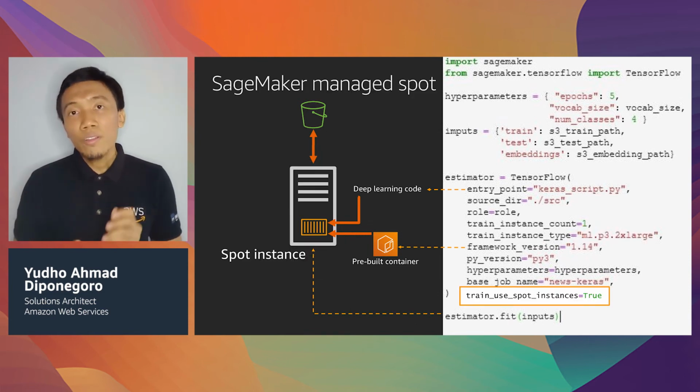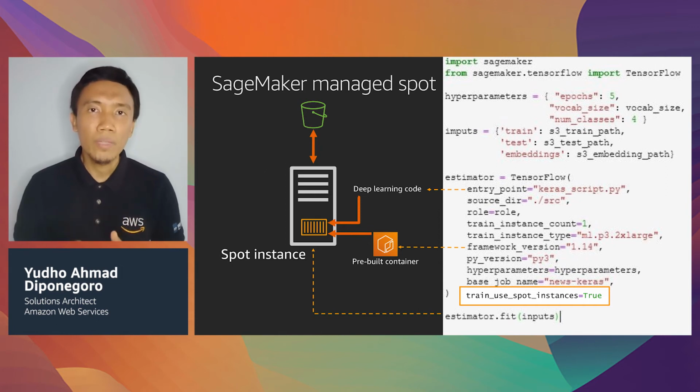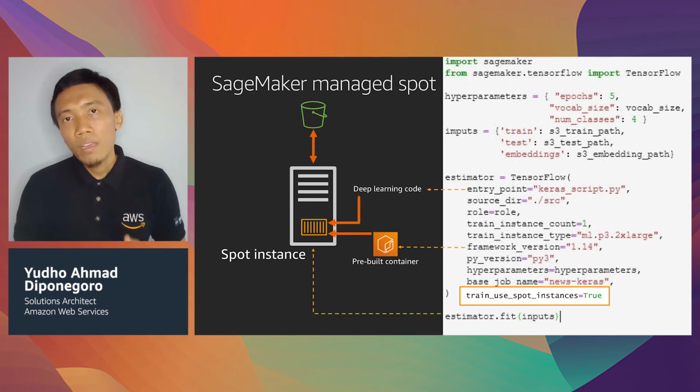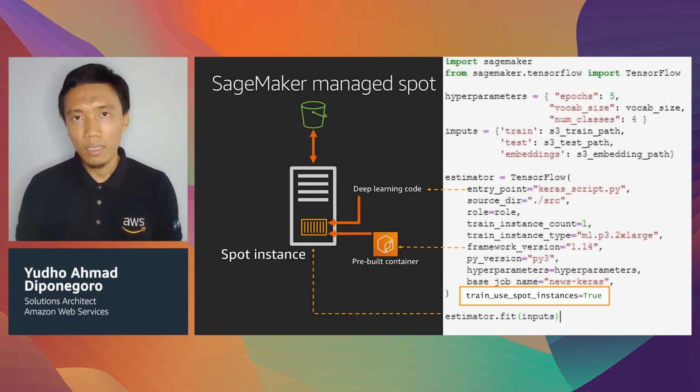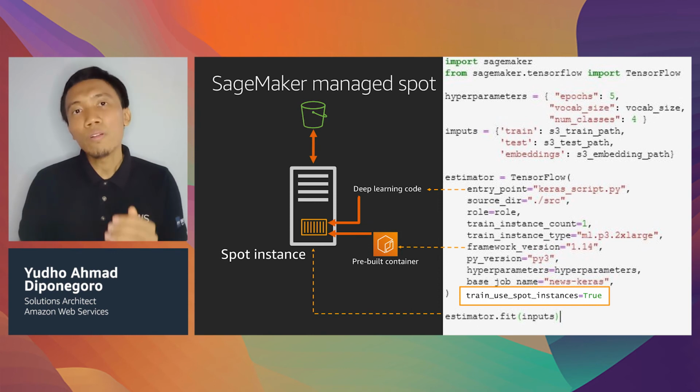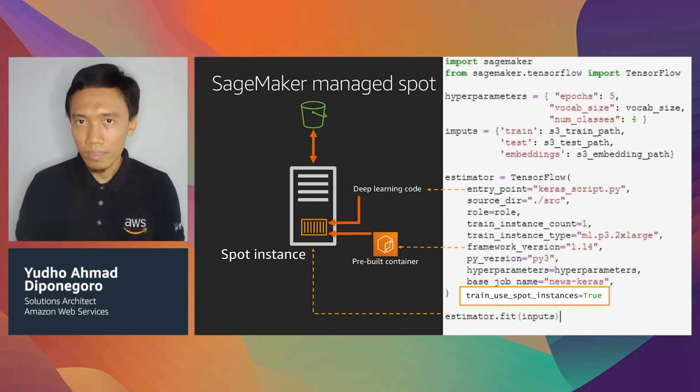If you look at the code here, you can see that just by adding some parameters related to Spot, you can get the SageMaker SDK to request Spot instances on your behalf and run the training on Spot instances. Again, Spot instances are unused EC2 instances that are available at a lower price than on-demand instances.